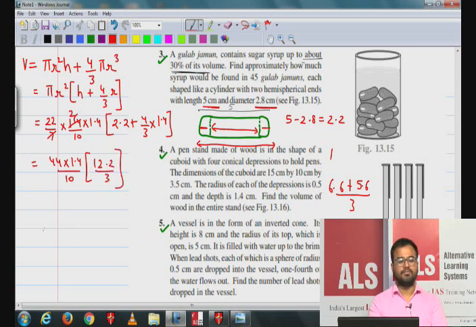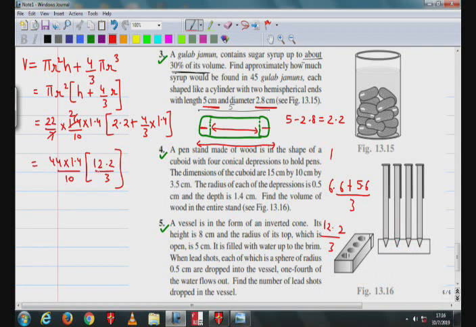This is the volume, and now there are 45 gulab jamuns, so we will multiply by 45. So now I am not solving the exact one, because we have to multiply by some other numbers also. So leave the volume in this expression, multiply by 45, then take the 30% of that one.